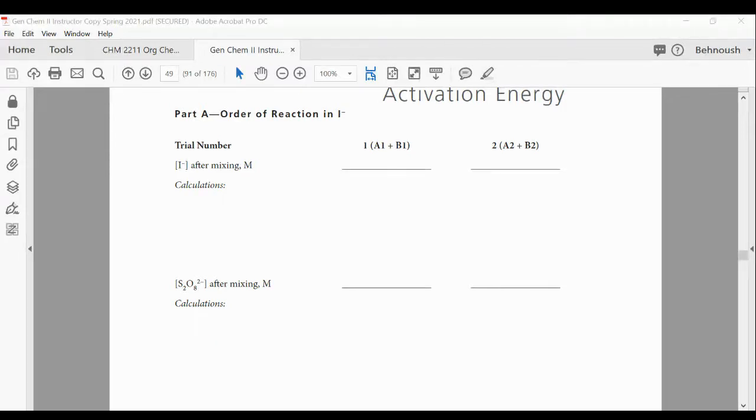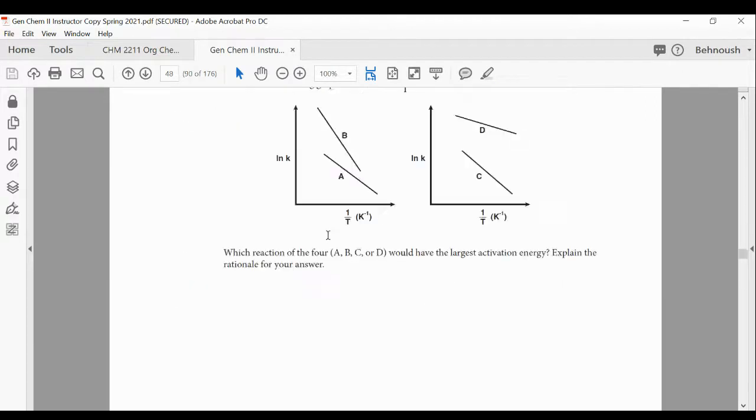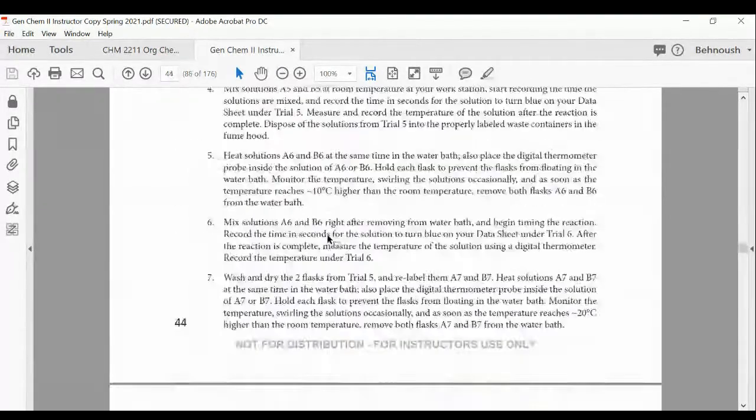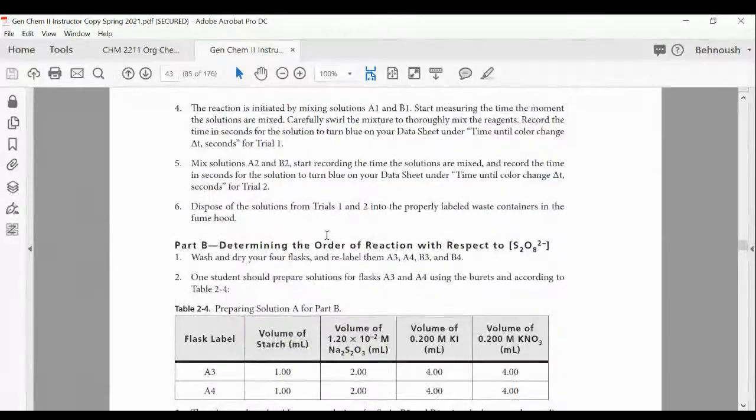What was the M1? Can you look at table 2 and tell me what is the concentration? And then the other one, let me just write here and then I'll get back to you. Concentration for S2O8 2-. Okay, we go to the table where we had the A1 and B1.